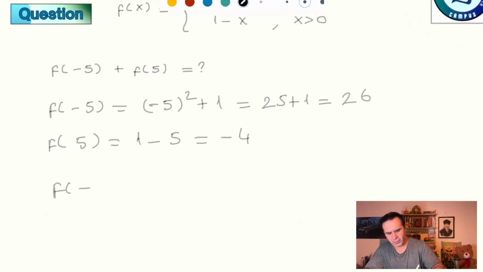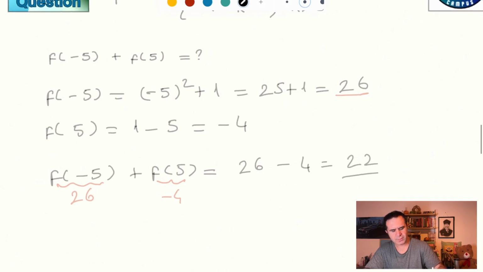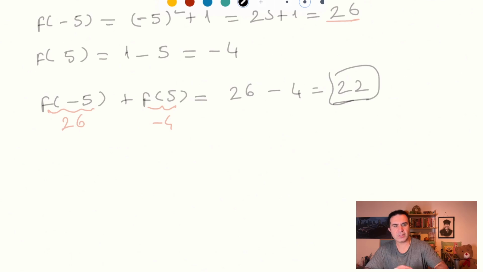Now f of minus 5 plus f of 5 equals, this is 26 and this is minus 4, and 26 minus 4 equals 22. The answer is 22 for this one.